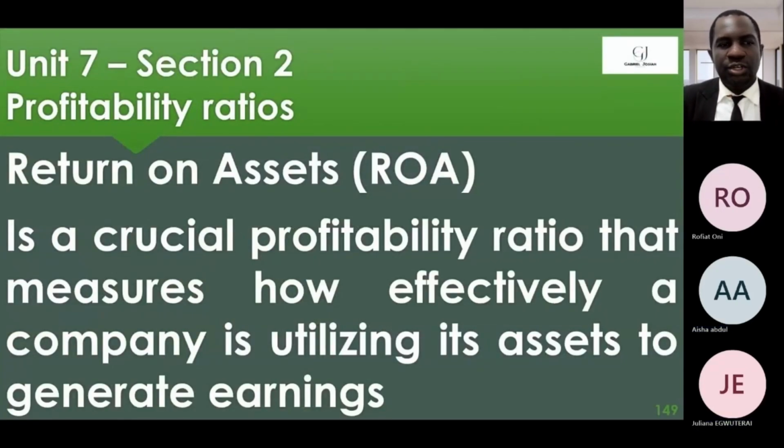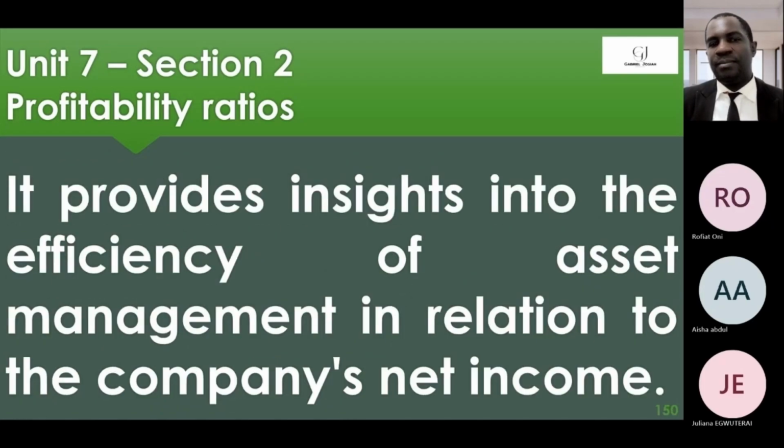I like that. Okay, so the return on asset is a crucial profitability ratio. It measures the effectiveness with which a company is using its assets to generate earnings. So it is the effectiveness in generating earnings with the total assets of the company, and it also provides insight into the efficiency of asset management.